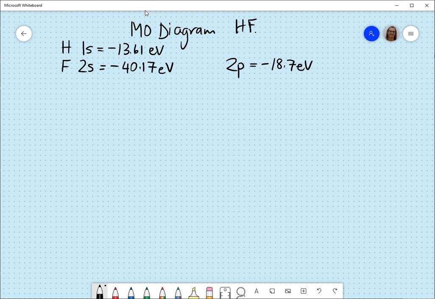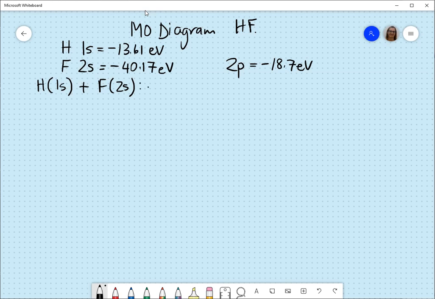Okay, so now what can we interact? Can there be any interaction? Well, what we need to do is look, can the 1s overlap with 2s? Well, we need to do the calculation, so let's try that and see. So we have hydrogen 1s plus the fluorine 2s, okay, and we need to work out the energy difference.